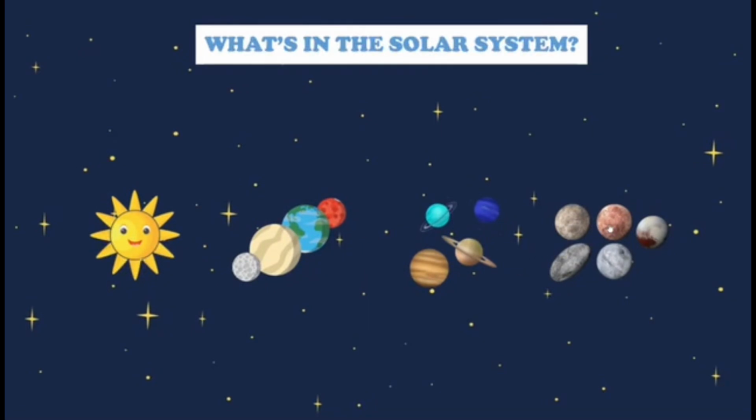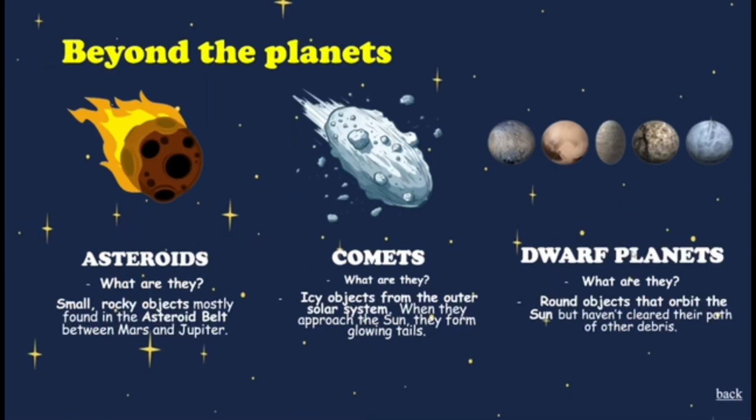Okay, next we click the last button where it leads to a page that is titled Beyond the Planets. Firstly, it shows the information about the beyond the planets, which is asteroids, comets, and the dwarf planets. What is asteroids? What are they?